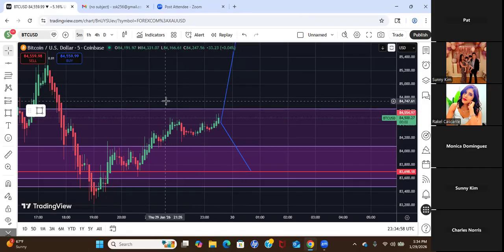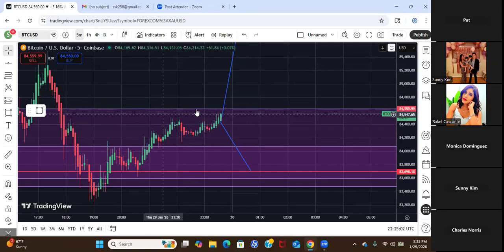Outside of all of this, once you mark out the areas, you just wait for the market to open. Tokyo opened here 35 minutes ago, so we're seeing what Tokyo does.